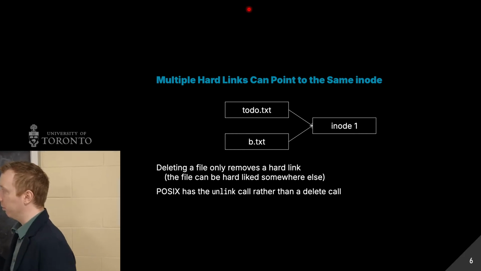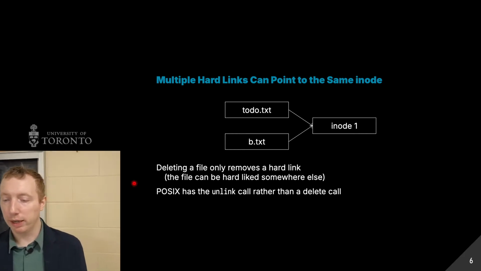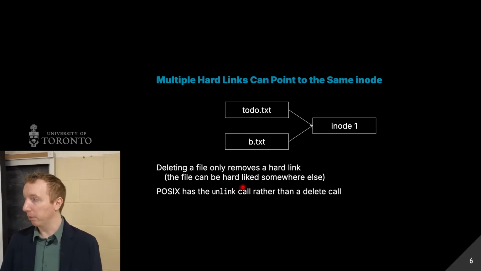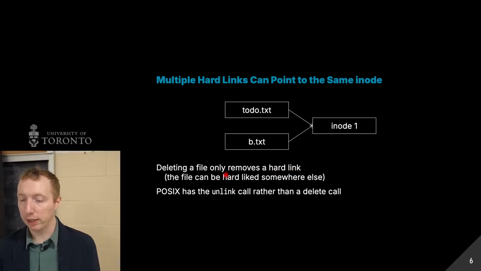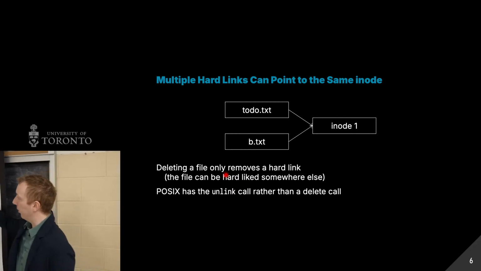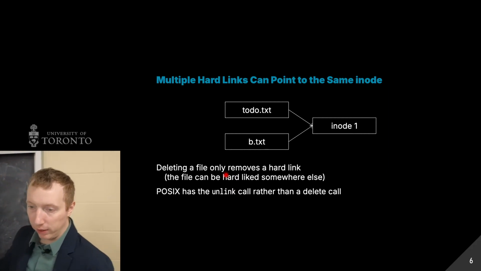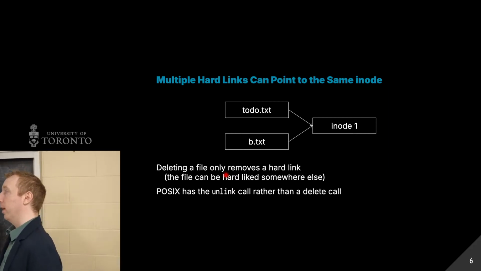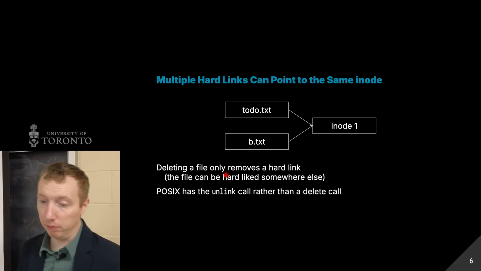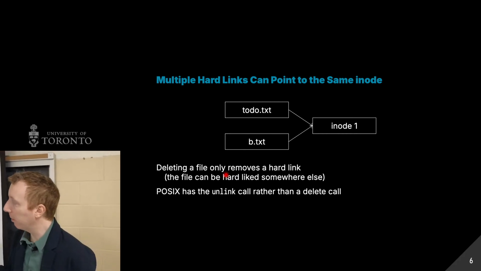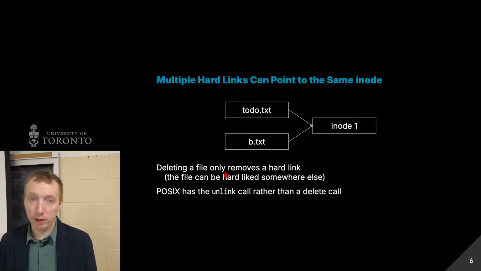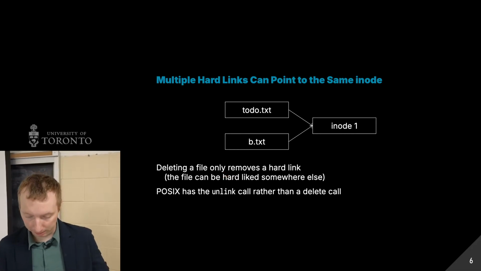It doesn't actually remove anything. Deleting a file using the rm command only removes a hard link. The file can still be hard linked somewhere else. So if you strace rm, you'll see there's no system call called rm or anything like that. It's just called unlink. So it just removes that name.